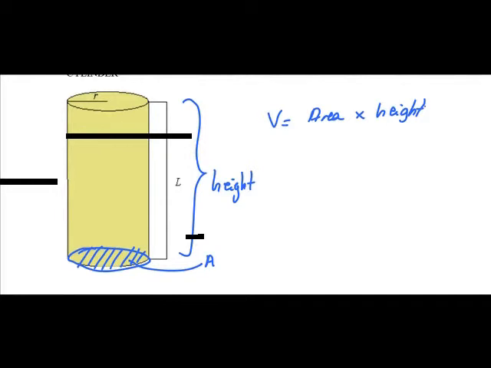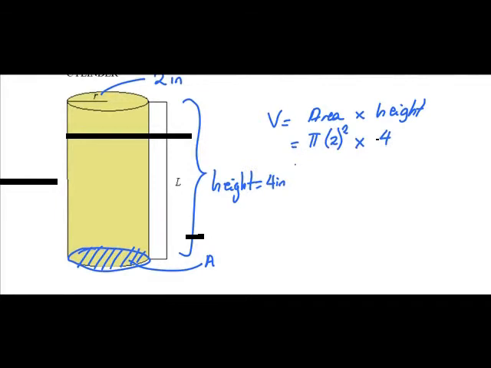Now let's assume we are given the r as 2 inches and the height as 4 inches. Let's calculate the area of the base. Remember, the area of a circle is pi r squared. Pi, r is 2 squared, times height.